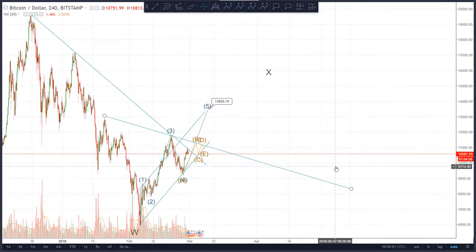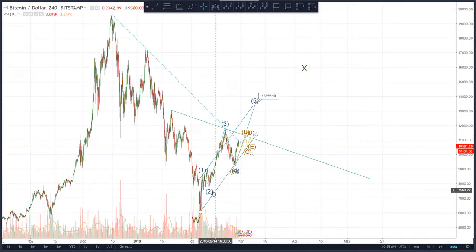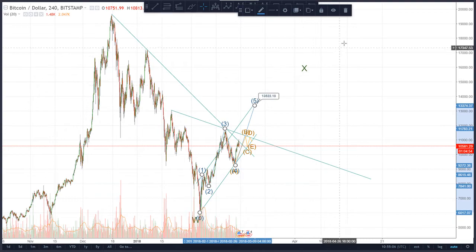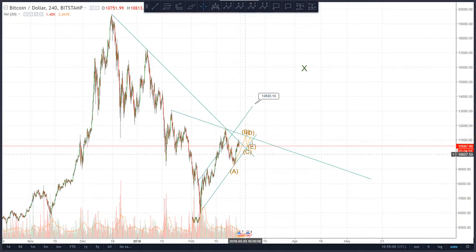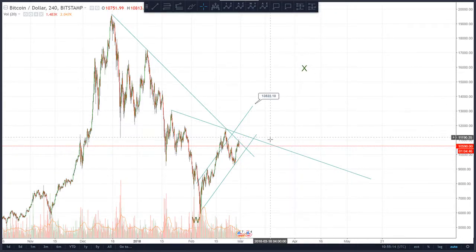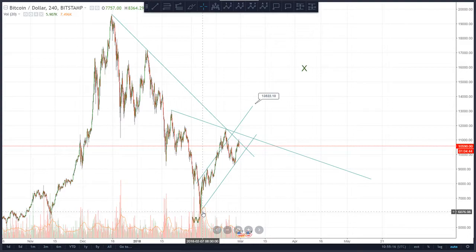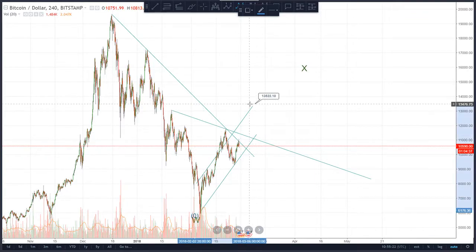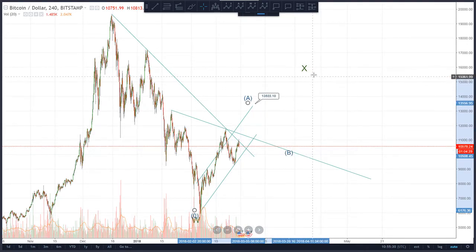Let's try and zoom out. So let's just clean this up a little bit. Let's get rid of this pattern as well. So essentially I'm waiting for, this is your A, B to here, and C to here.